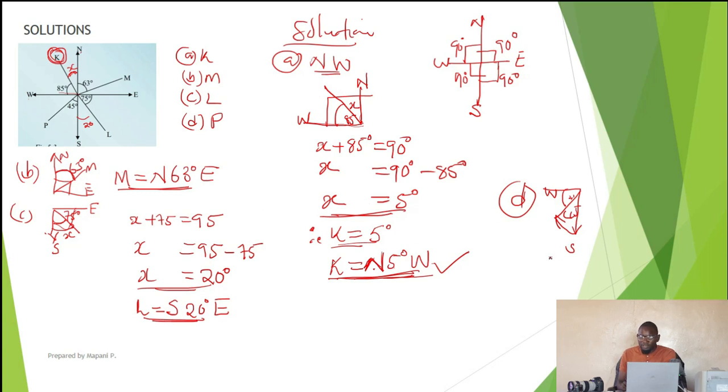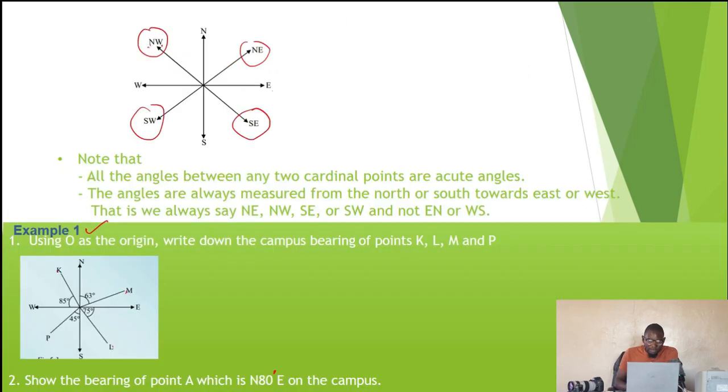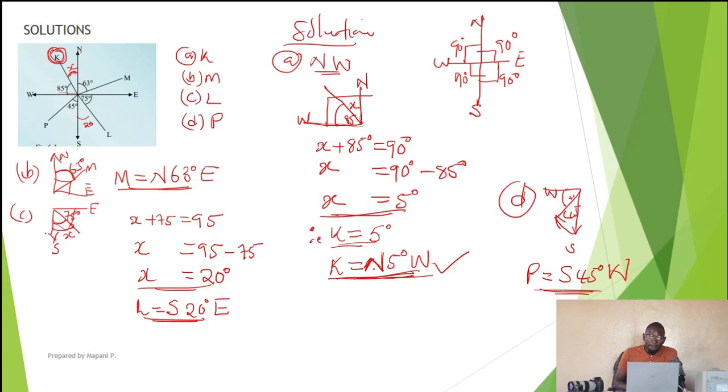So you just have to say the direction of P will be south 45 west. And that's how you are supposed to answer these questions. So you've answered K, you've answered L, you've answered M, and you've answered P. So this is how you answer the compass bearing questions.